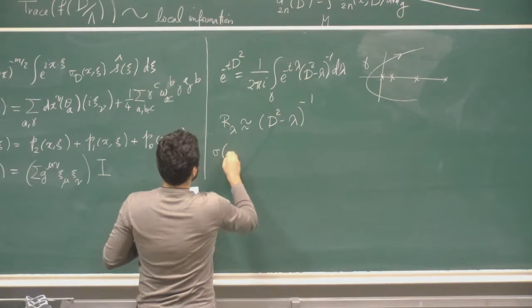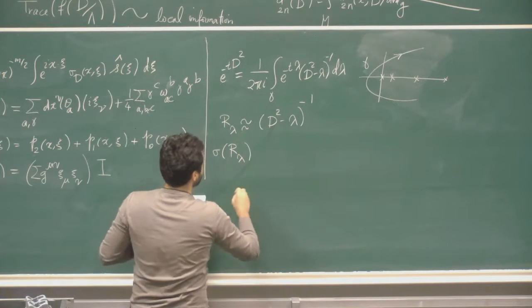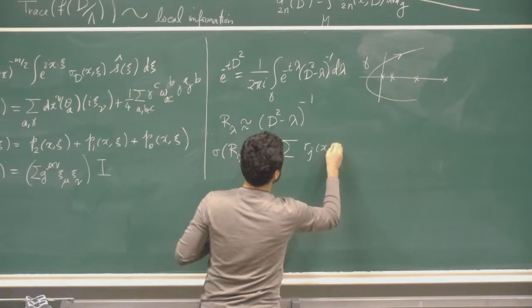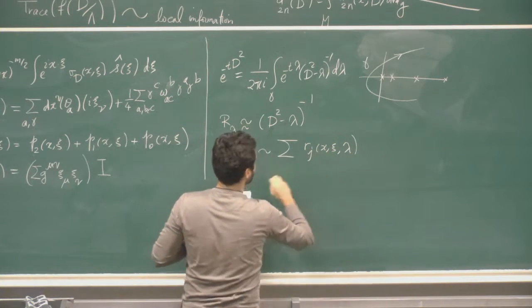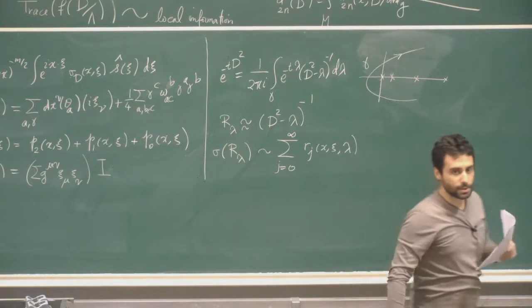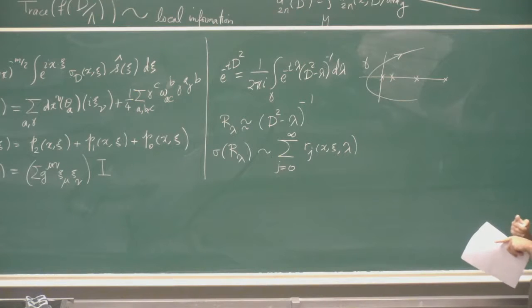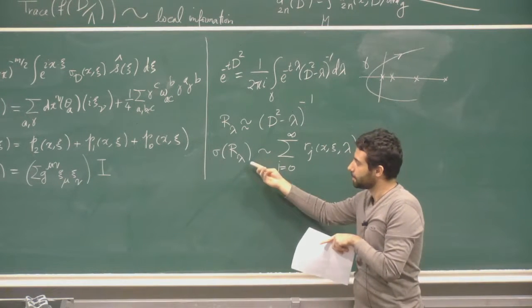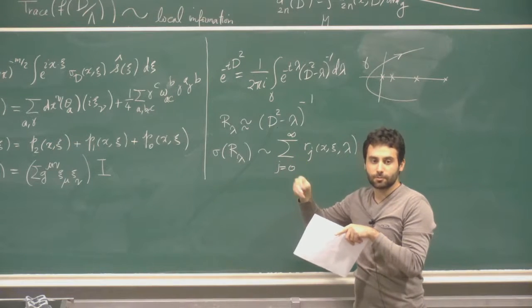So it's natural to assume that this has, so we want the symbol to have an expansion, and since D squared minus lambda is of order 2, then it's natural to assume that the parametrix or the inverse is of order minus 2.